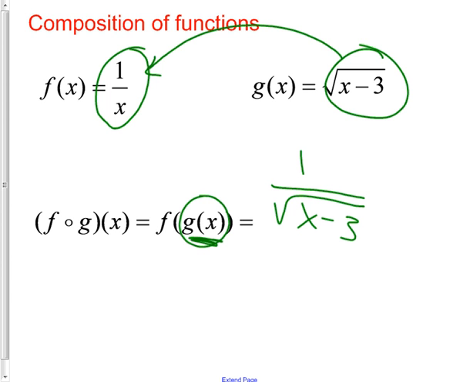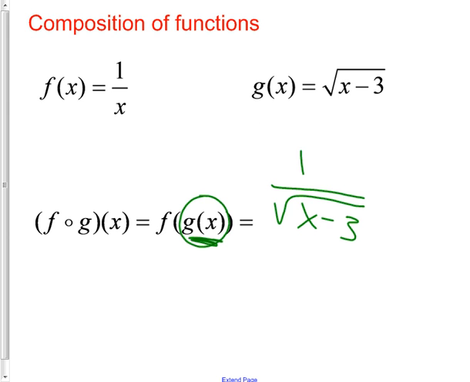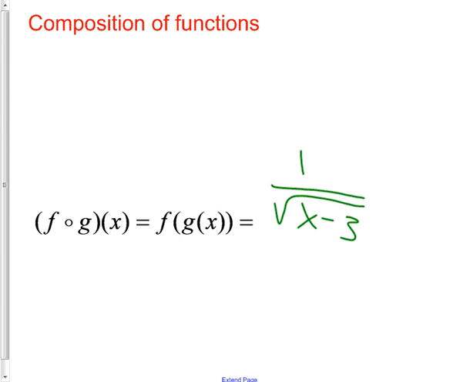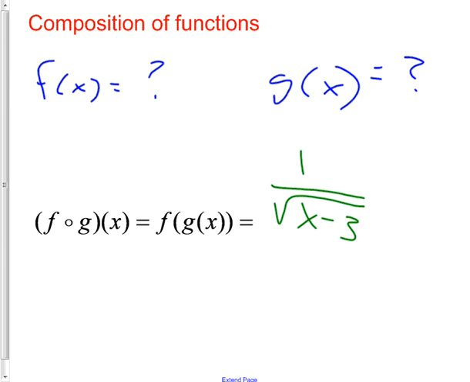So what's decomposition? Decomposition is the exact opposite. It's where they don't give you the original question. They say, here's the answer: f of g of x is 1 over x minus 3. What was the question? What was f of x, and what was g of x? How do you do it backwards?